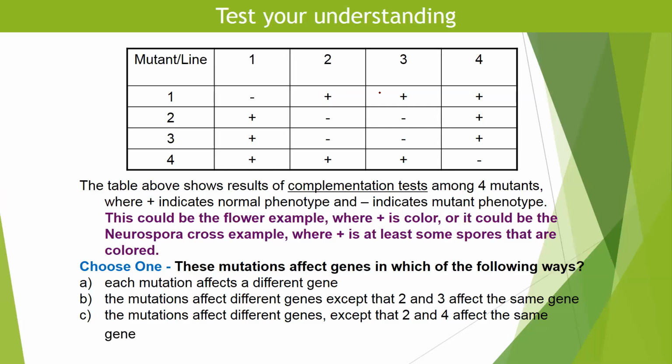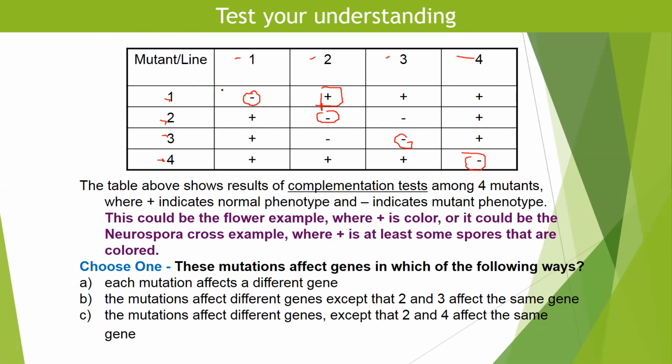Okay, so this table shows you an example. In the exam, I could give you a question like this. So we have 4 mutant lines here: 1, 2, 3, 4. If they cross by themselves, you're going to see the mutant type, right? However, if we cross 1 with 2, we're going to see the wild type, which means this mutant and this mutant can complement each other, right?